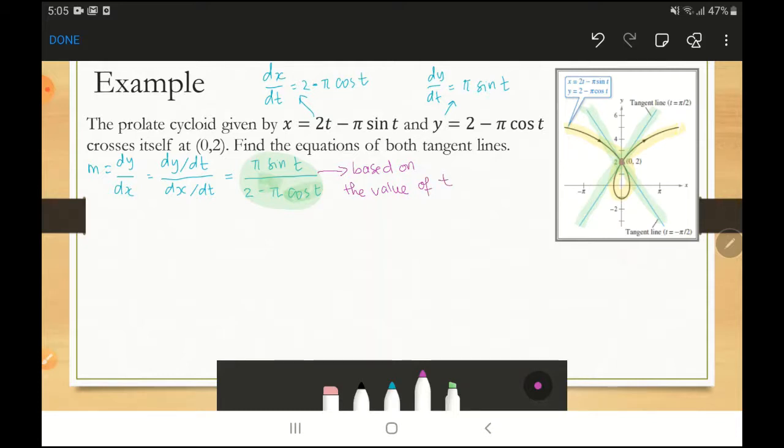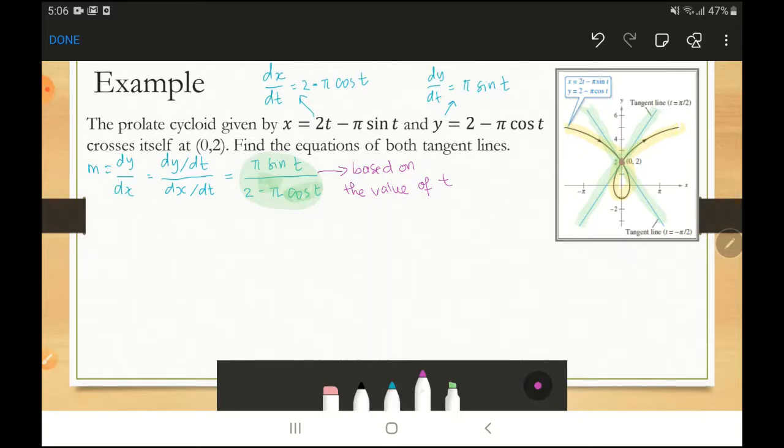So you may realize that we need two values of t. How do we know? If we did it with a rectangular equation, we can just directly plug in the x, right? But now, because we don't have the x, we have the t, we have to determine the value of t.